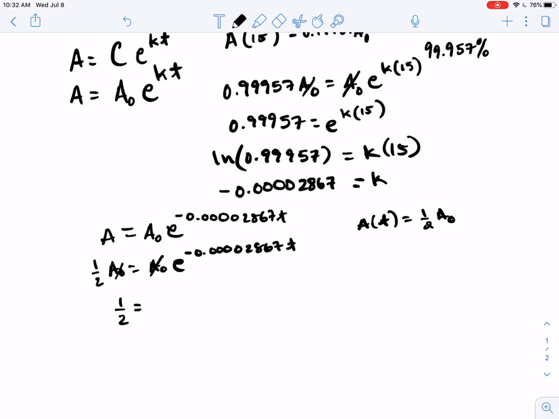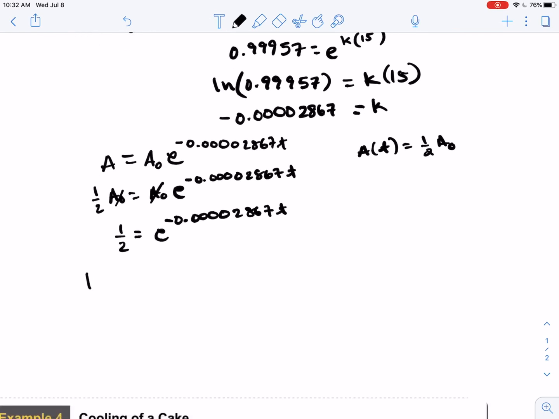I have 1/2 equals e to the negative 0.000287 t. Now we could do ln to both sides.